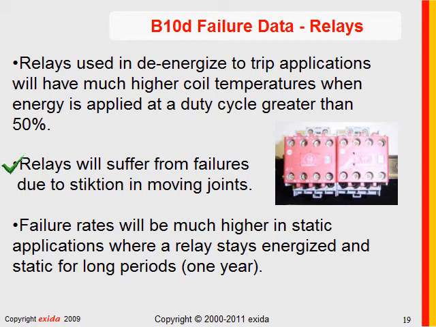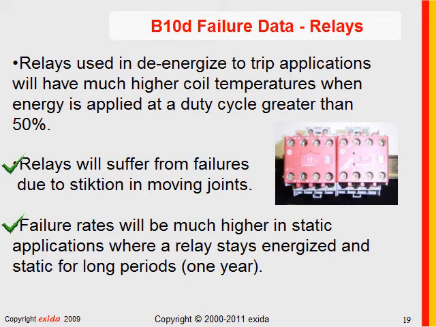It's possible in some designs that there will be stiction and that the spring that returns a relay into position when it's de-energized will lose force. The bottom line is failure rates will be much higher in static applications where a relay stays energized and static for long periods, especially if it's energized and static for periods of time like 1 year.